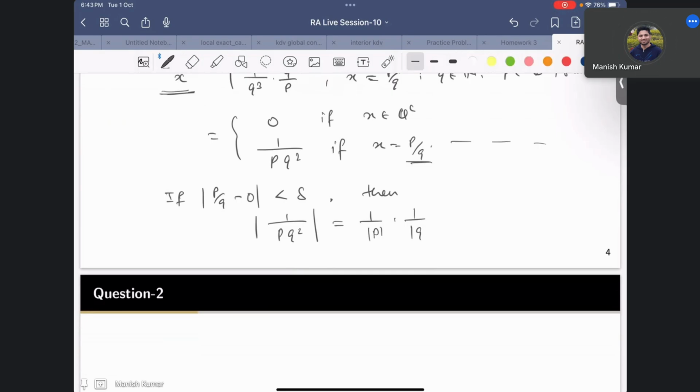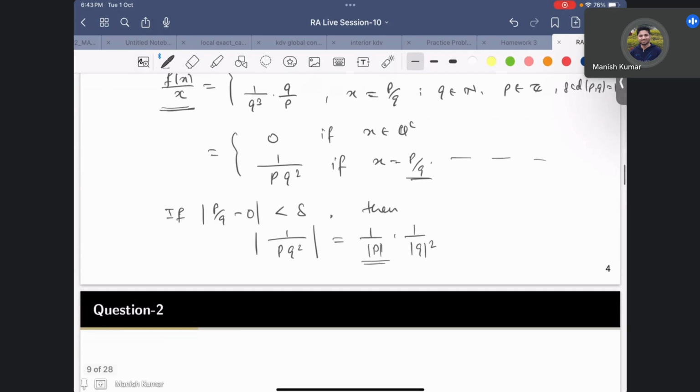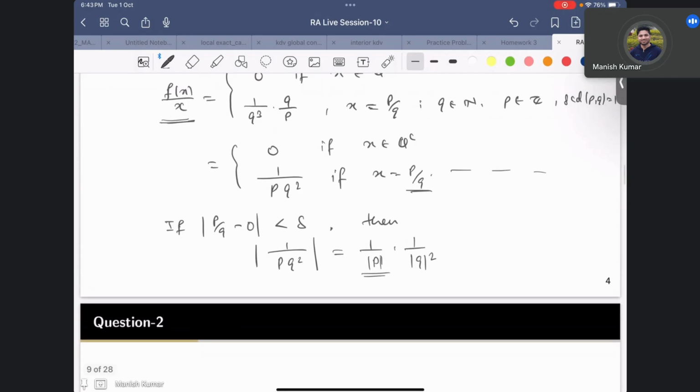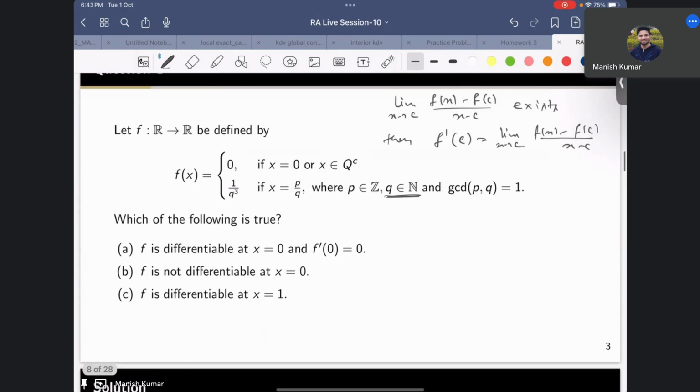Now you know that this p is an integer, and p is non-zero, right, we are excluding the case when p is 0, so p belongs to Z minus 0. So here also I think I missed it, so I can make this correction: p belongs to Z minus 0, because when p equals 0, that is already considered here.